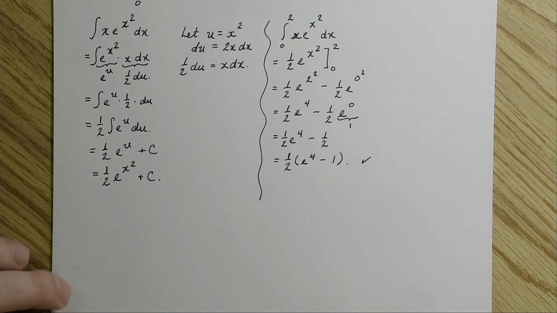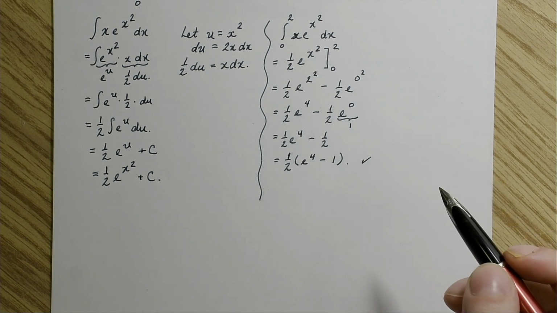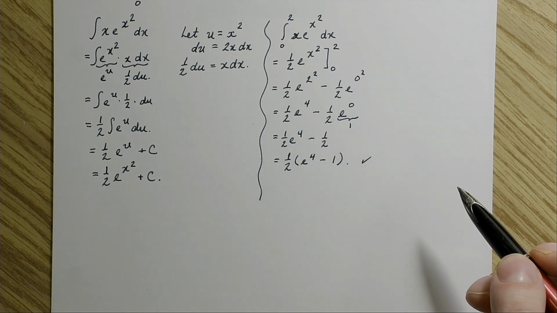Sometimes, yeah, that makes sense. I mean, a time when you start to factor things is when you need to set equations equal to 0, like when we were setting derivatives equal to 0 to find where the critical numbers were.